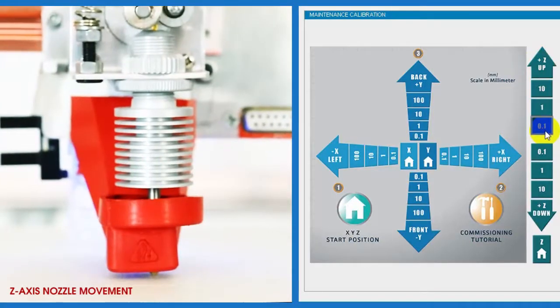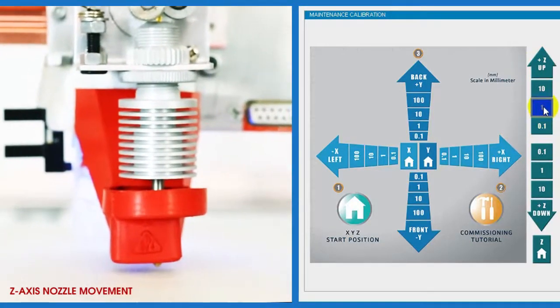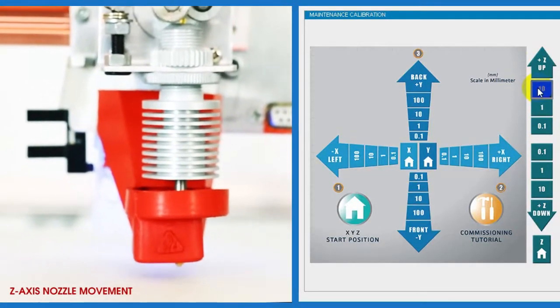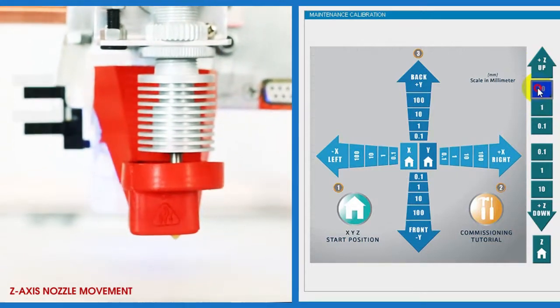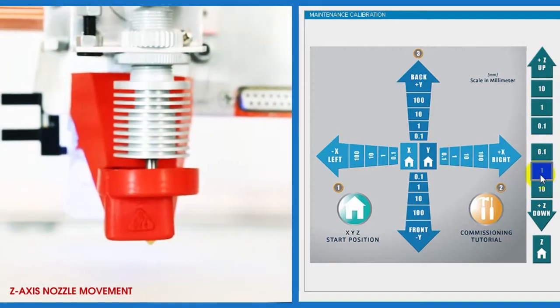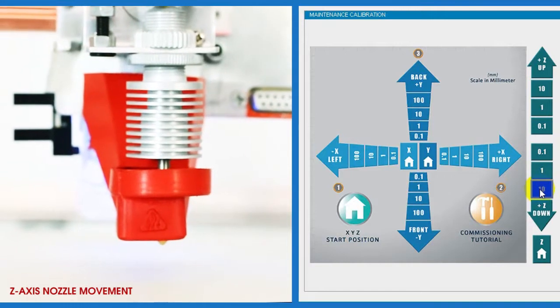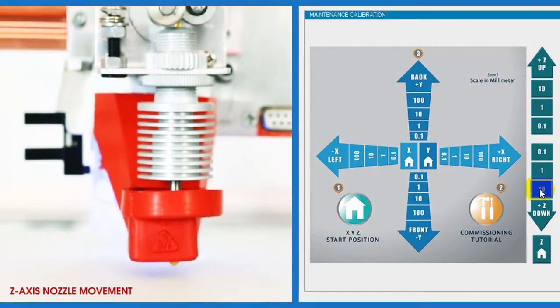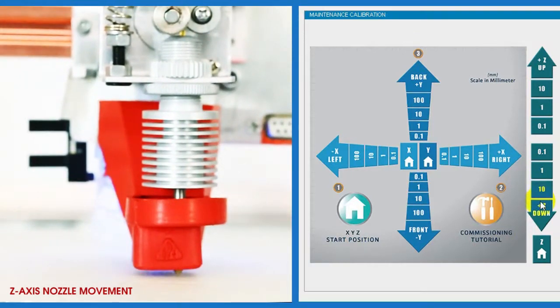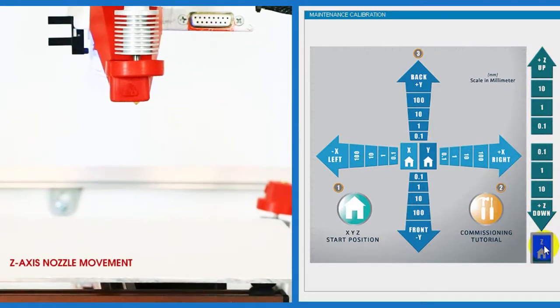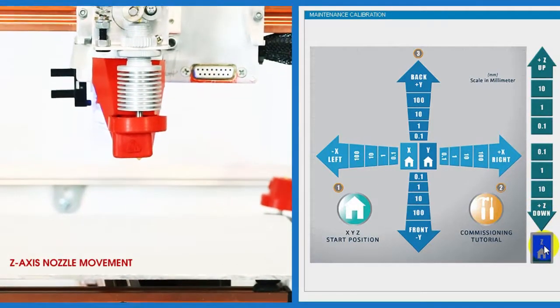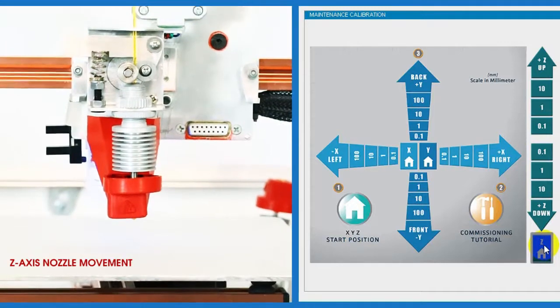The positive Z up button moves the nozzle upwards by 100, 10, 1, or 0.1 mm. The Z down button moves the nozzle downwards by either 100, 10, 1, or 0.1 mm. And the Z home moves the nozzle back to its Z-axis home position.